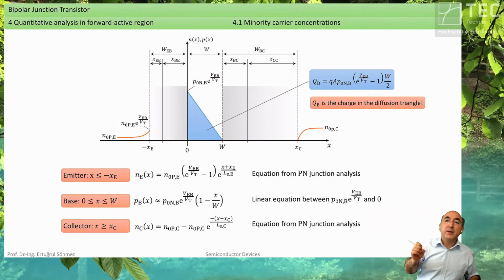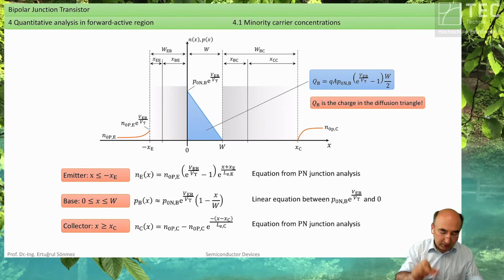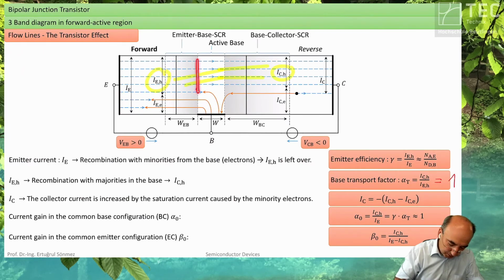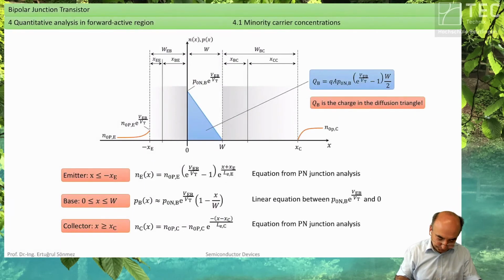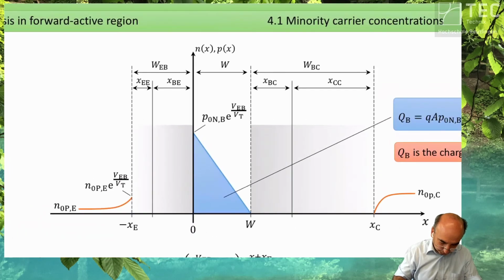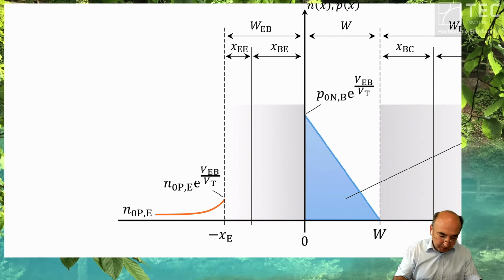Now, let's try to understand how these currents, this one, this one, this one, are happening. Let's assume we have only a PN diode.